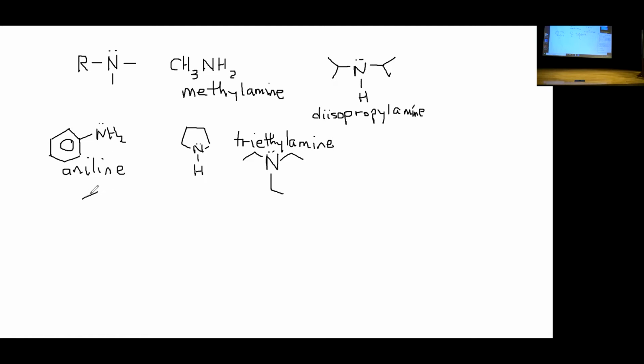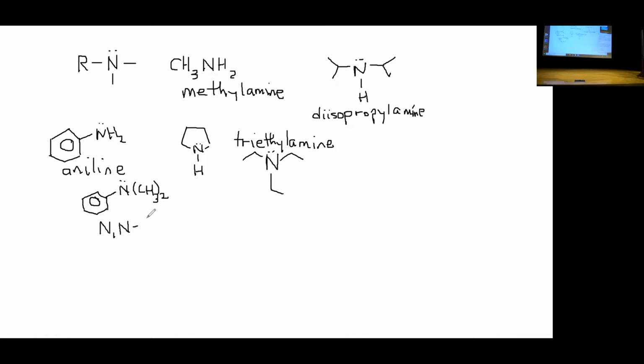So for example, let's say we replaced both of those hydrogens with methyls. CH3 taken twice. You would call this N,N-dimethyl aniline, and I'll write it down. And that's certainly a well-known and often used compound.